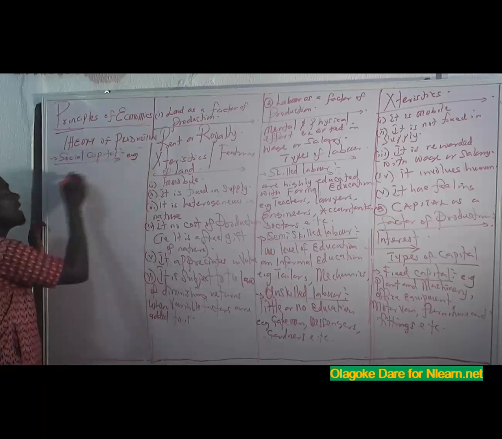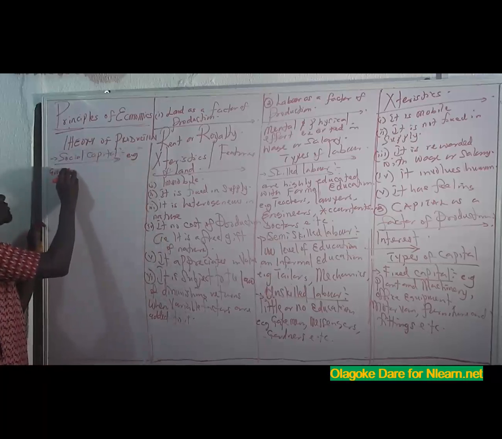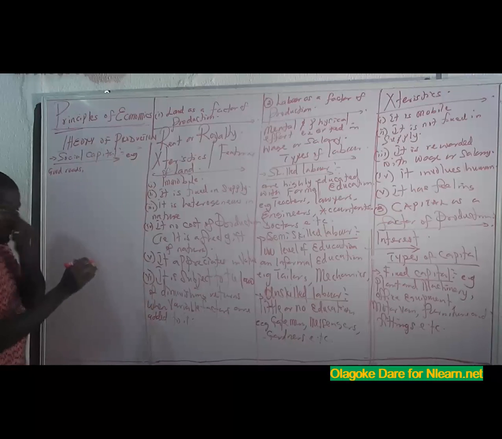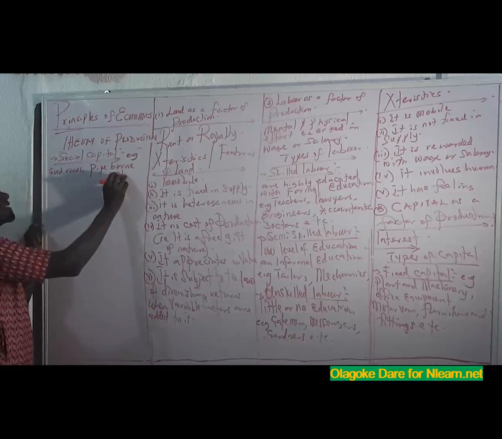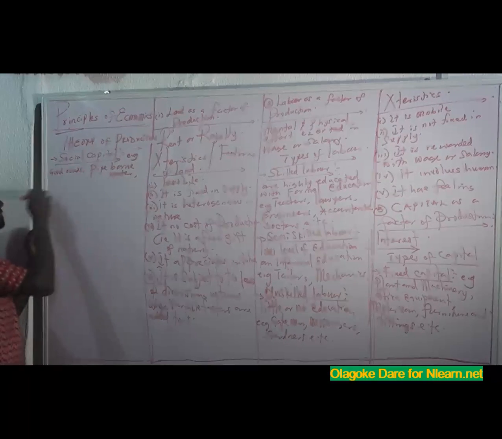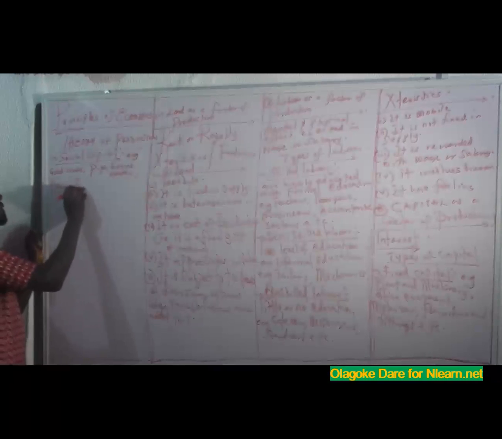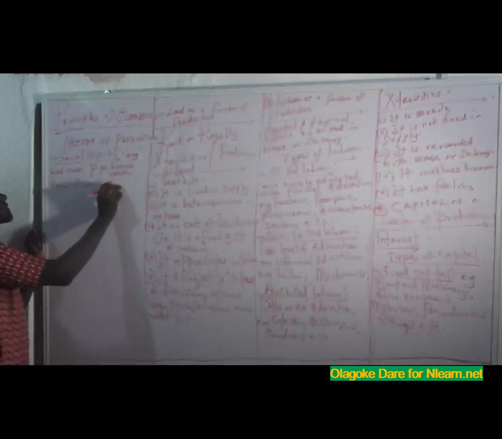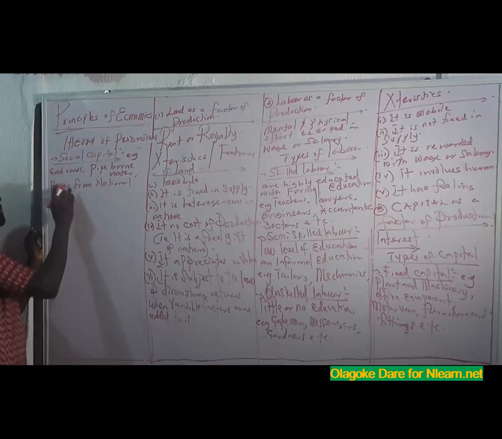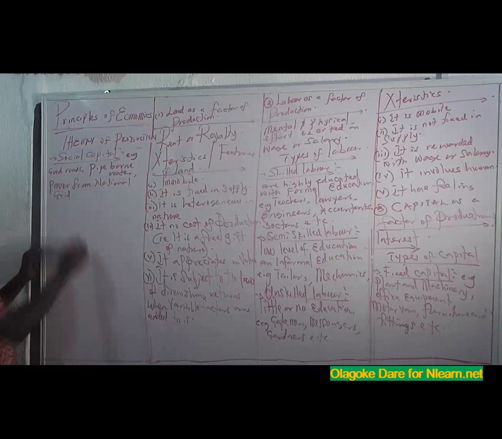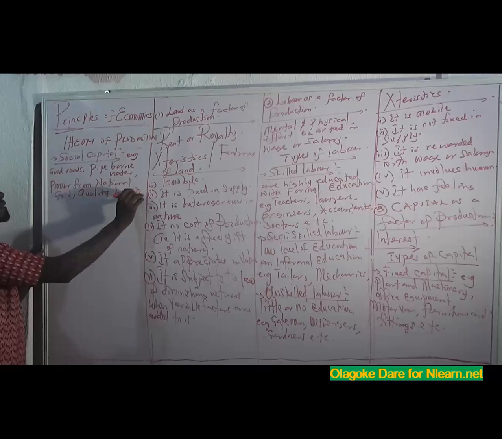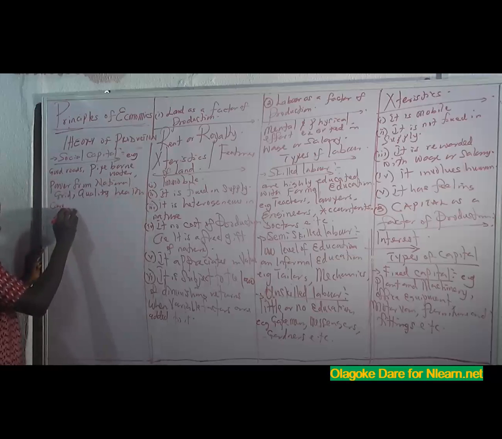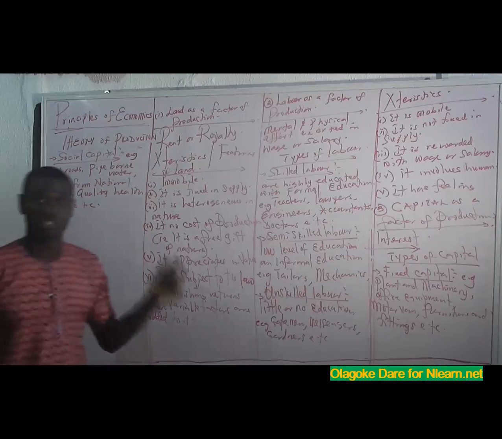An example of these are the good roads you enjoy, the pipe-borne water, power from the national grid, which is talking about the electricity you get, your quality healthcare, etc. So all these are social capital.